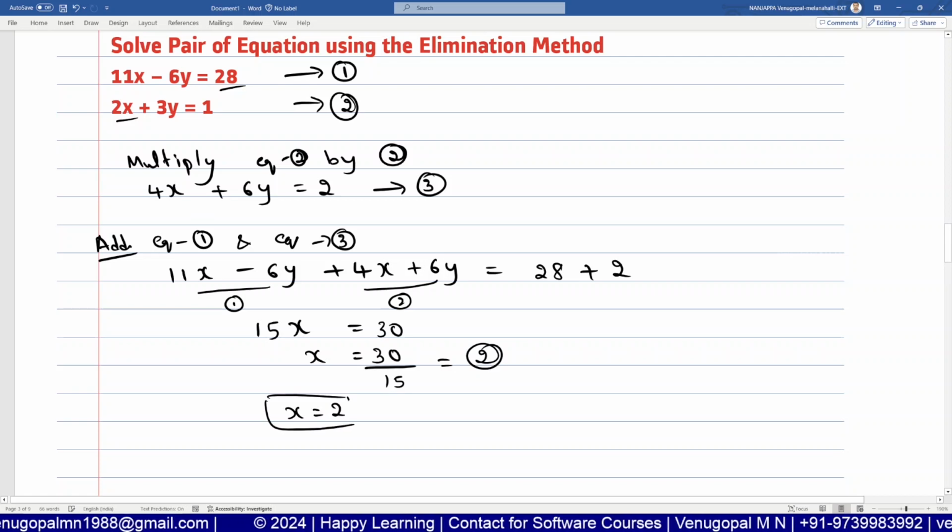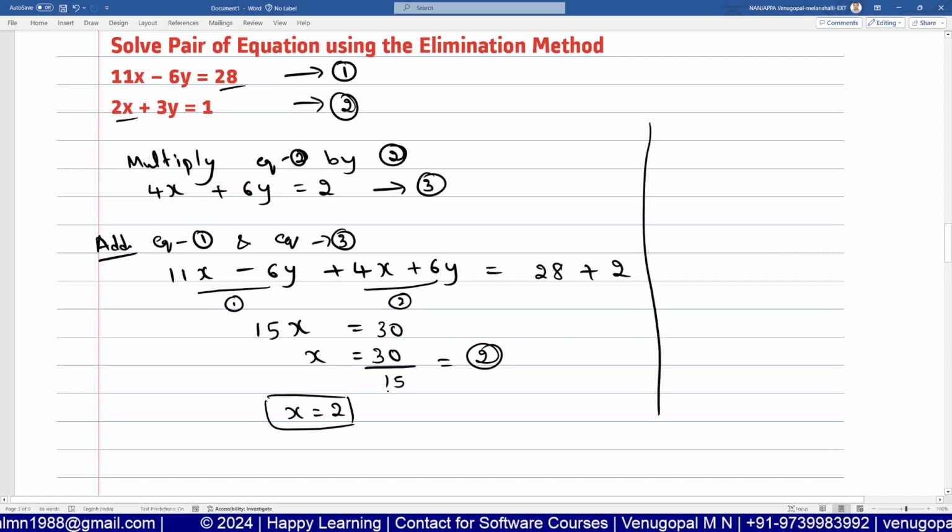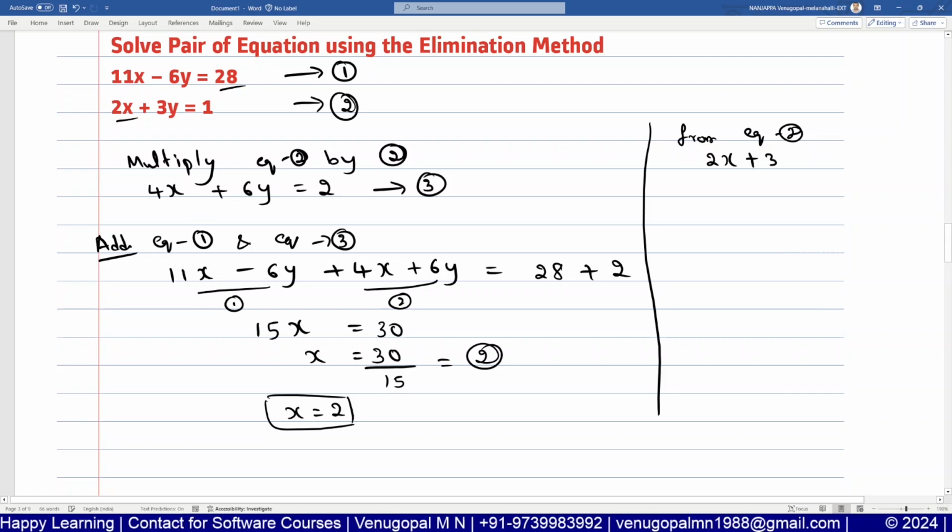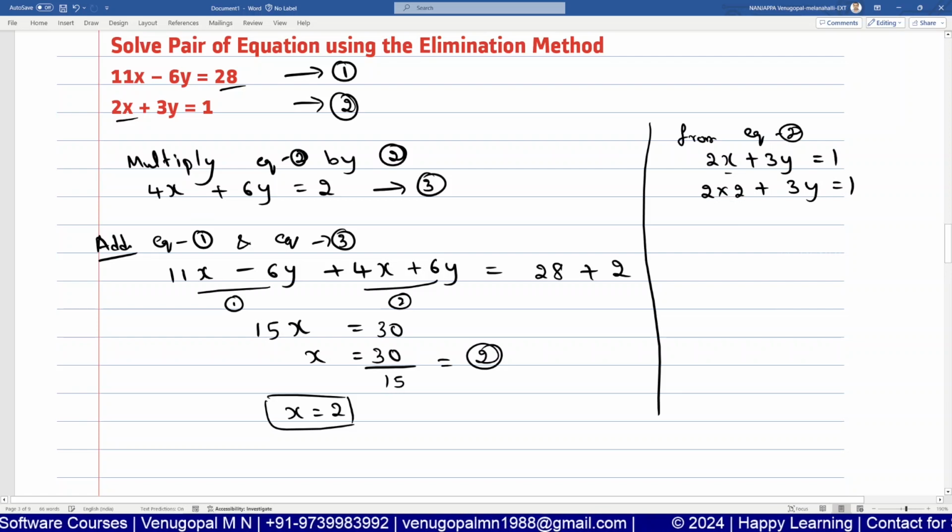We identify the value of x. Now let us take one of these equations, either 2 or 1. Let us take equation 2, 2x plus 3y is equal to 1. So now we know x is equal to 2. 2 into 2 plus 3y is equal to 1.